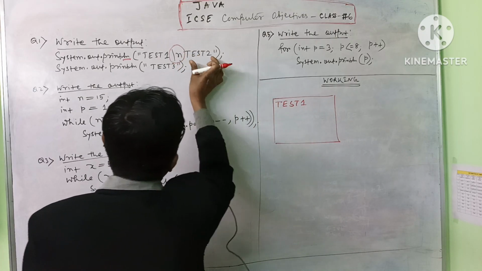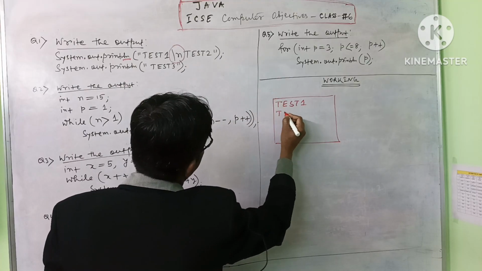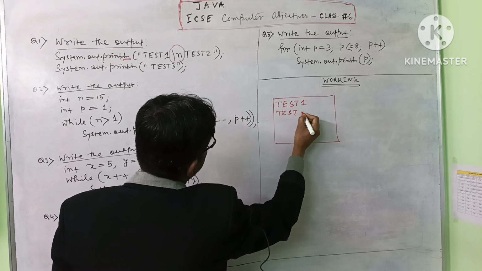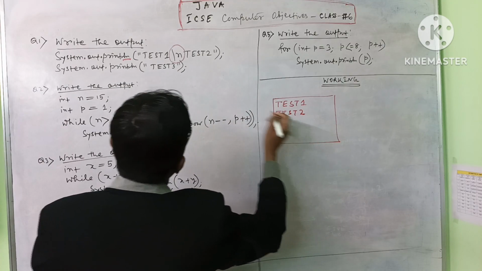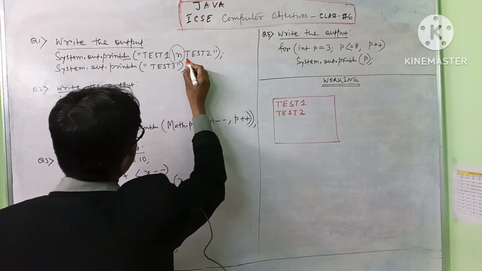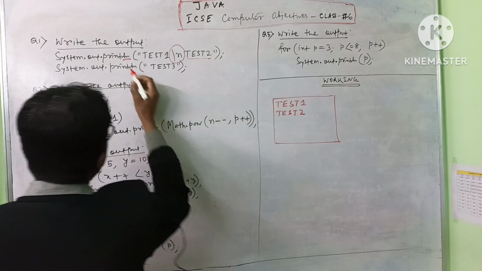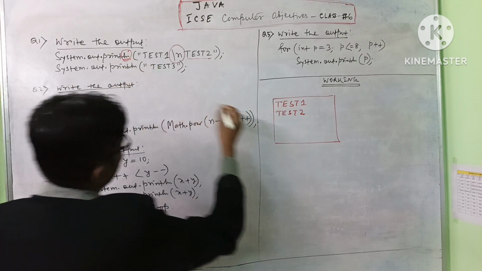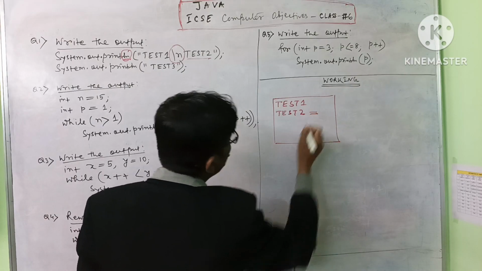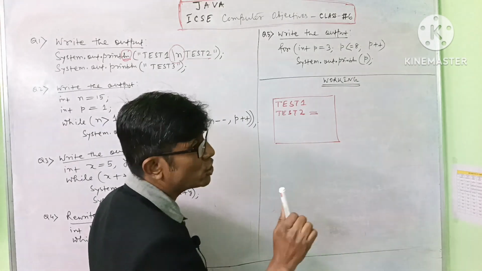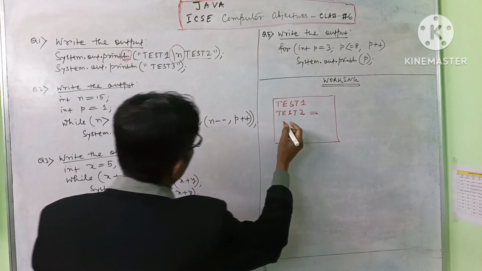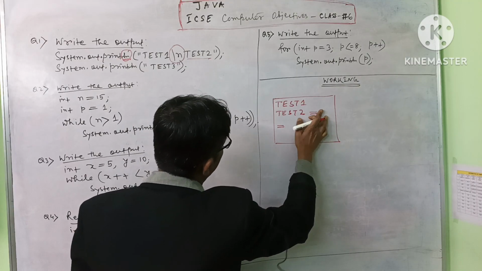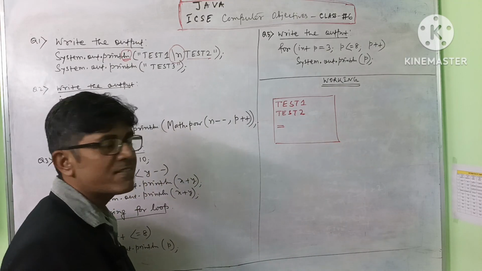Because of this \n, Test 2 will come in the next line. But because of this ln, your cursor is now not here; your cursor is present in the third line.